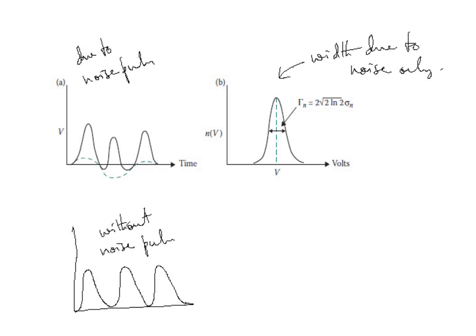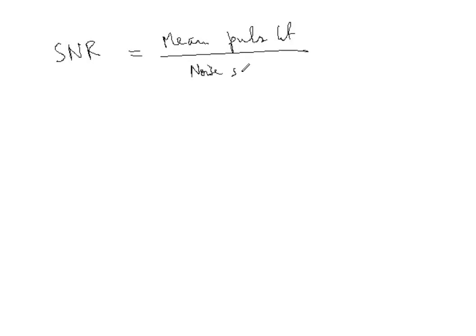Now sometimes we use the concept of signal to noise ratio. You must have heard this. So sometimes we use the SNR, signal to noise ratio, and that is basically the mean pulse height divided by the noise standard deviation, just V by sigma n.